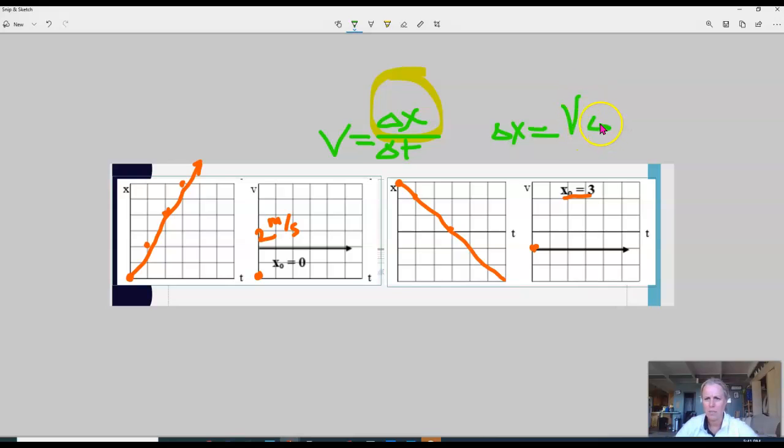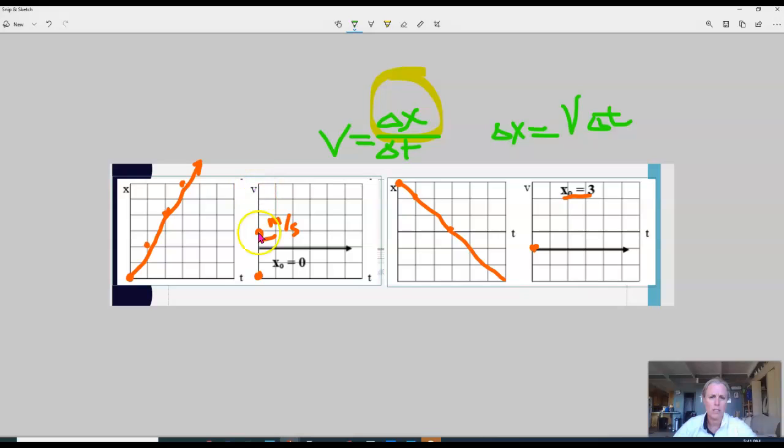Like I'm going 60 miles an hour for 2 hours, so I get 120 miles. I'm driving 30 meters per second for 10 seconds. 30 times 10 gives me 300 meters. So a velocity times that time interval gives me my distance.